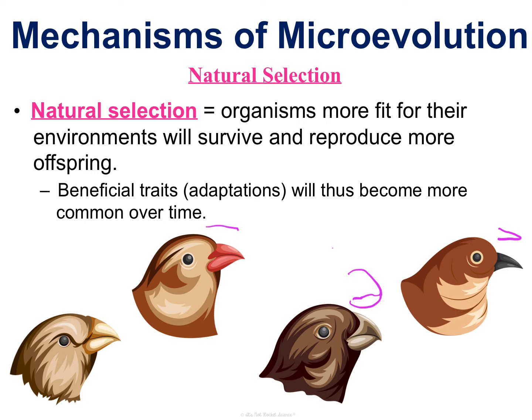And if you have just, I'm just going to call it normal, the normal beak of a finch, then you can pick seeds up off the ground, or you can fly into the tree line and be able to pick them up in variety.